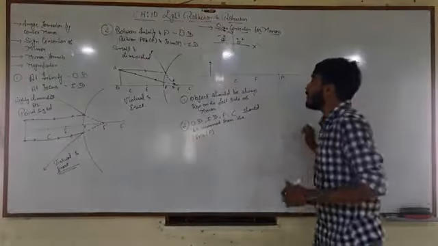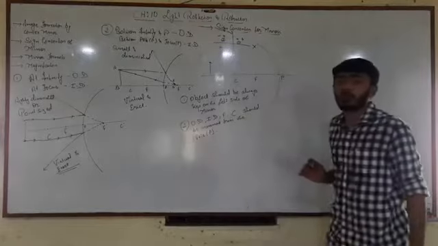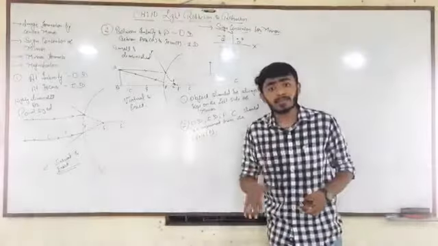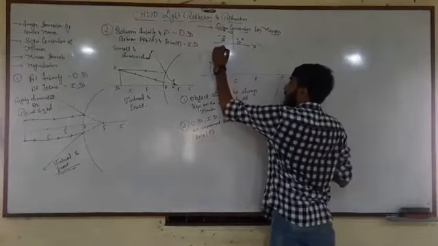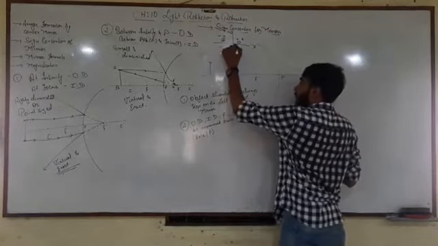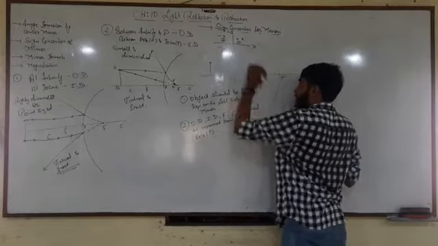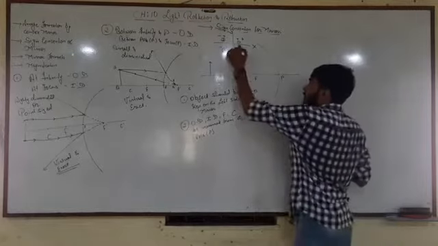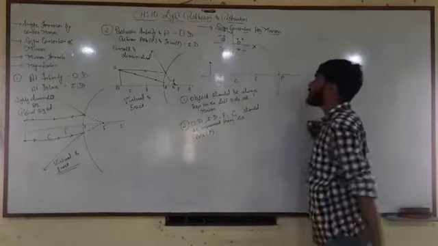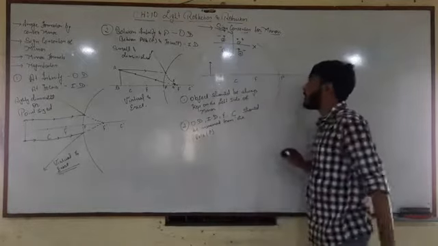Over here, we will be taking two more things, and that is negative, because in the third quadrant the x-axis as well as the y-axis both are negative, and this is our third quadrant. And in the fourth quadrant the x-axis will be positive, but the y-axis will be negative, and this is our fourth quadrant.